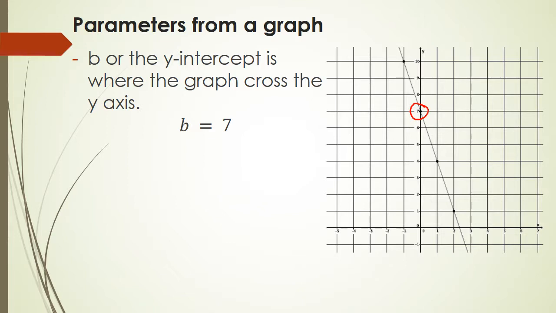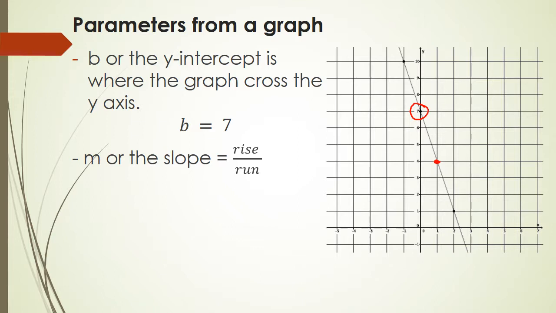Now, the second parameter is the slope, or since we're looking at a line, it's the rise over run. So I'm going to choose two nice points to work with on the line, so I can find the rise over run. I'm going to choose the y-intercept and this point right here.